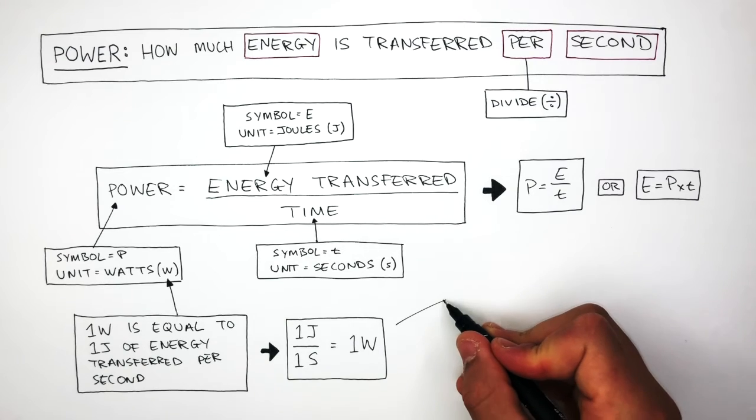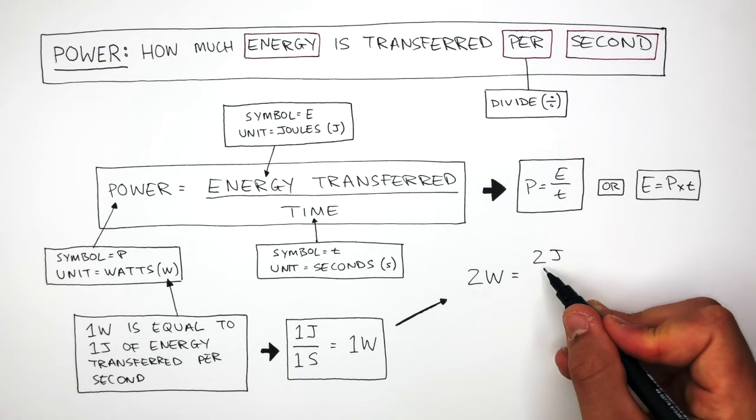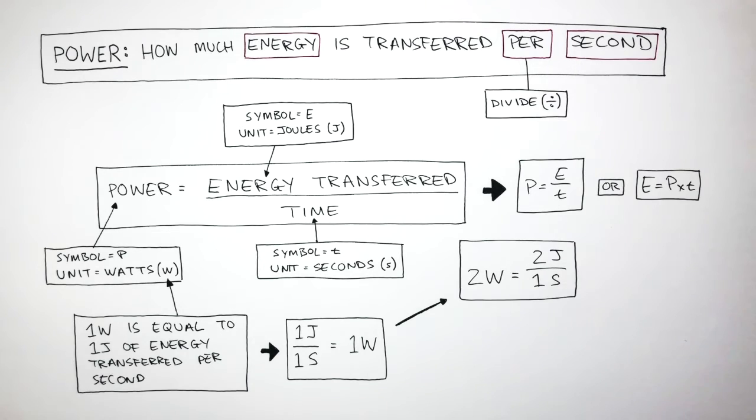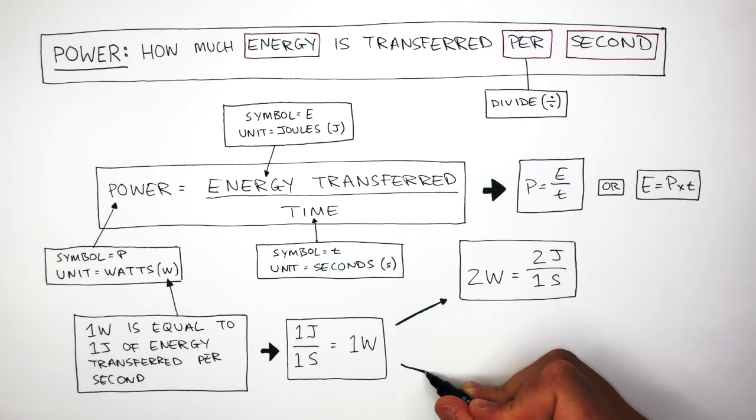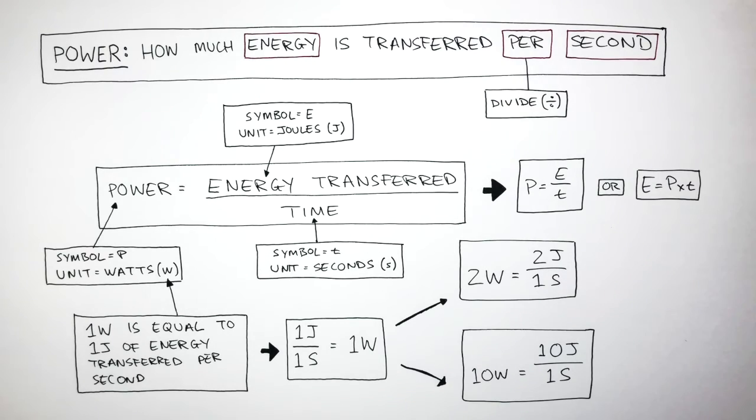Therefore, using this same understanding, 2 watts equals 2 joules divided by 1 second. So 2 joules of energy is transferred per second. And in another example, 10 watts can be equal to 10 joules divided by 1 second.